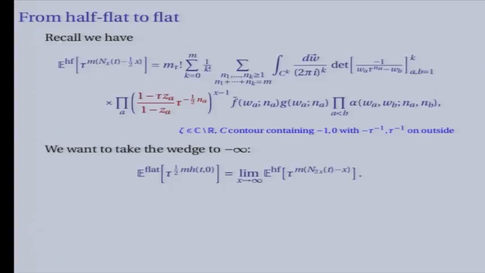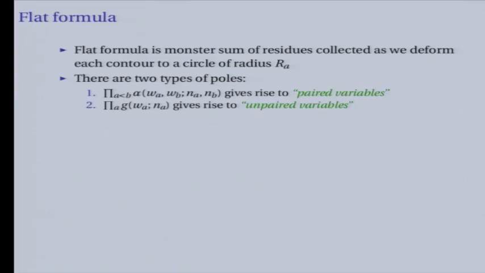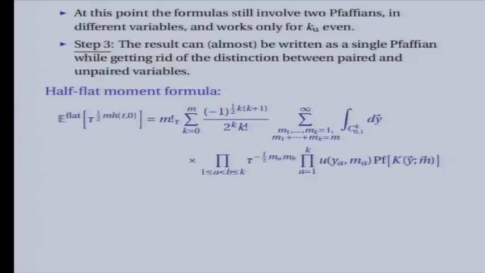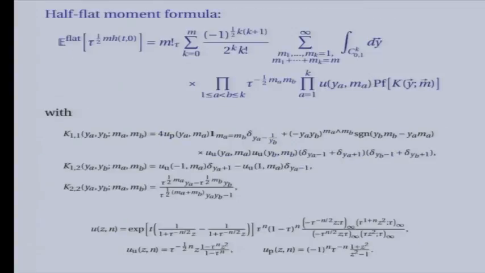And that involves looking at this formula, taking a limit, and there's a certain factor here which has to be controlled. So there's a certain contour deformation that you need to do, and there's a very, very big sum that appears, and one has to start doing lots of things. And the only point that I want to make in the time that I have is, let me just show the final formula. It looks like this.